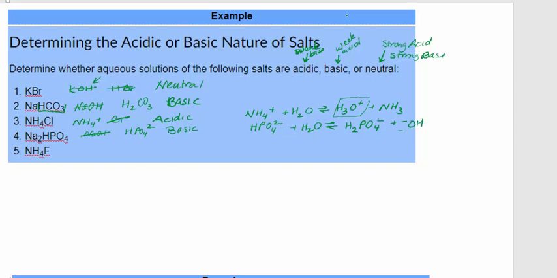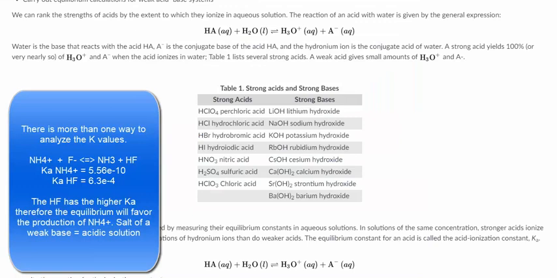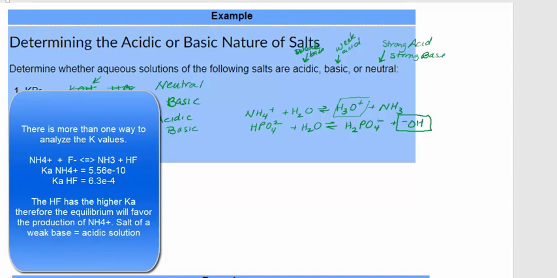And here we have our ammonium, which is the conjugate acid of a weak base, and then we have our fluorine. Going back to our strong acids table, we don't have HF. So in this case, we would have to analyze the Kas. Now the Ka of hydrofluoric acid, so HF, is 6.3 times 10 to the negative 4.